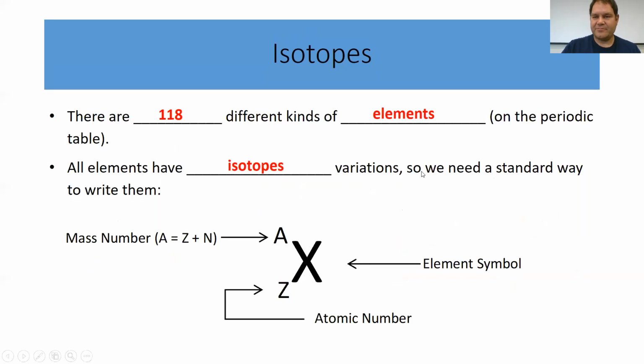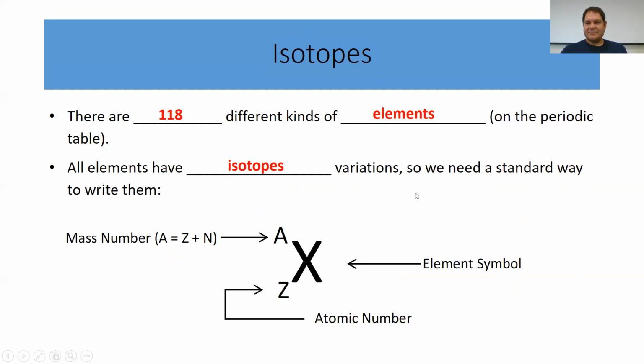So let's move on here for a moment. Okay, we're almost done. To remind you, there are 118 elements in nature. And each one of these elements, all of them, represents a variation of isotopes, okay?